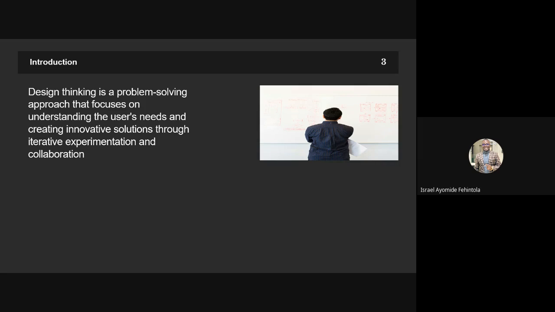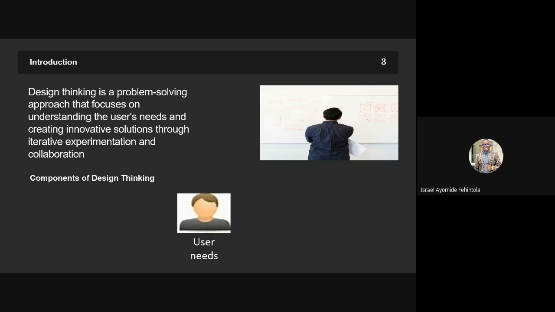So the process actually involves three components. In design thinking, three components are attached to the whole concept of design thinking. And the first component is user, the user needs. The first step in applying design thinking is to deeply understand the needs, desires, and pain points of your users.